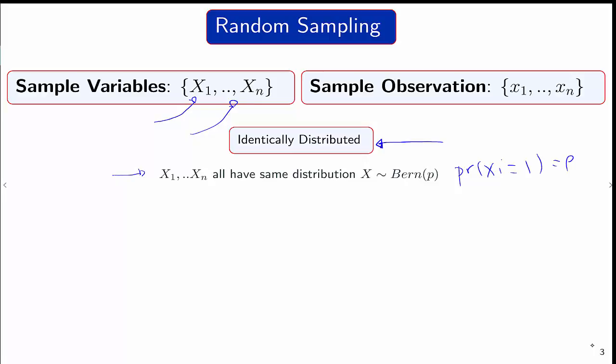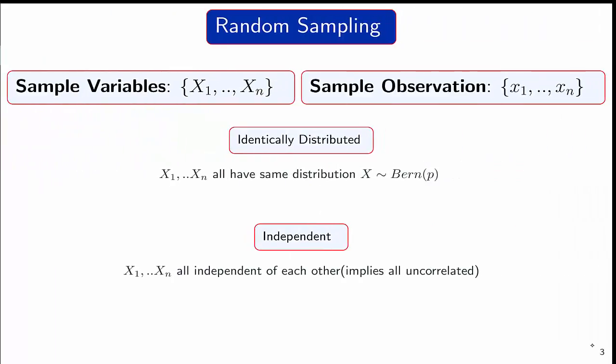Again, this assumption may not hold, but it's obviously going to be beneficial. It'd be much easier if everyone's got the same probability that they're employed. It's going to be much easier to pin down estimating this unknown probability P. Another crucial assumption is that each of the X1 to Xn are all independent of each other. And again, we often justify this by going out and asking people completely at random.